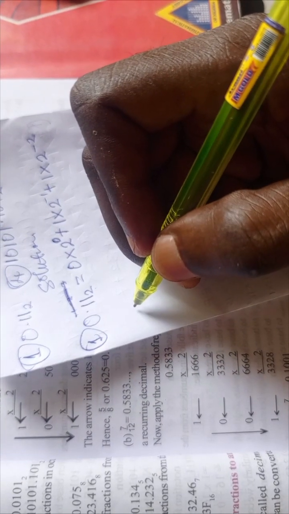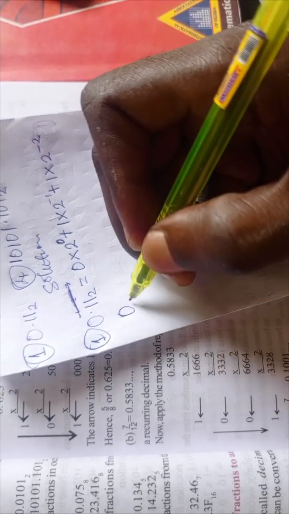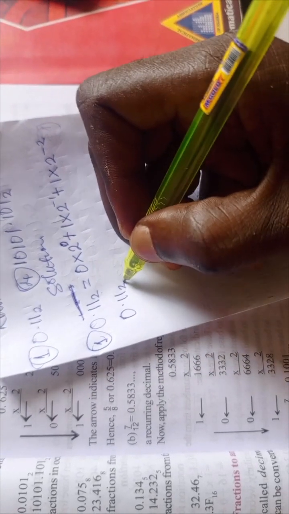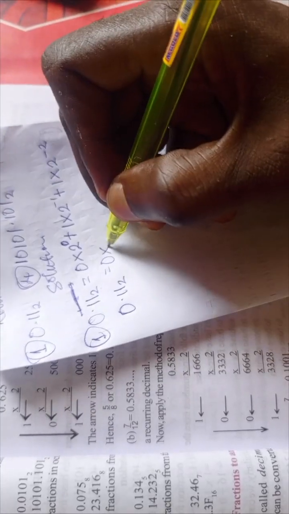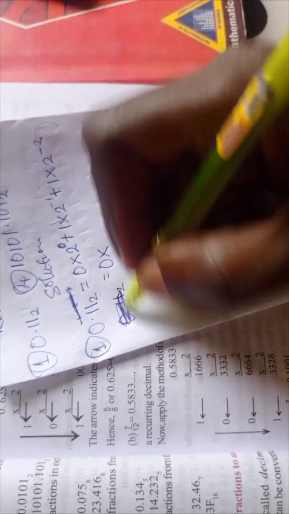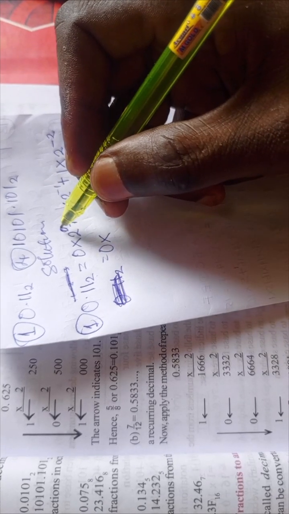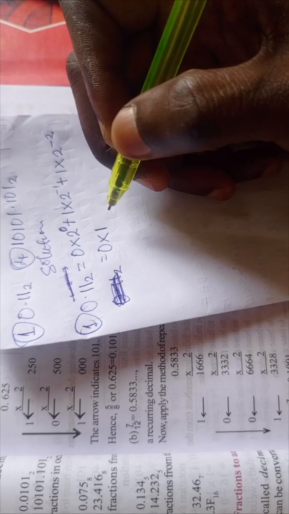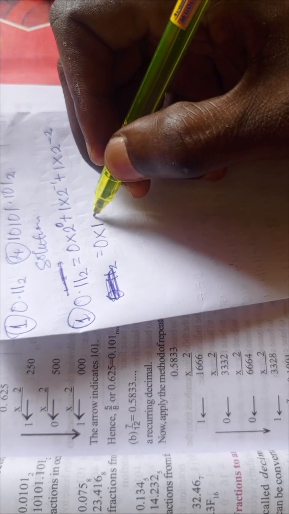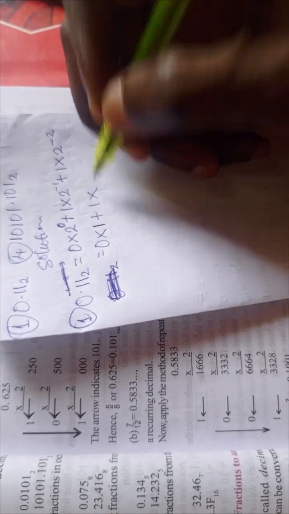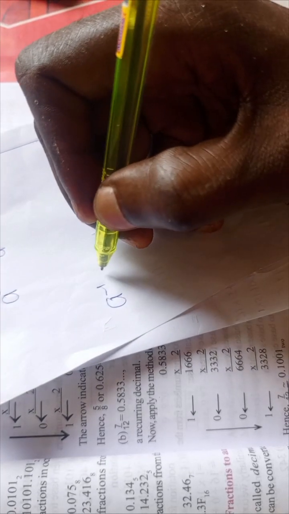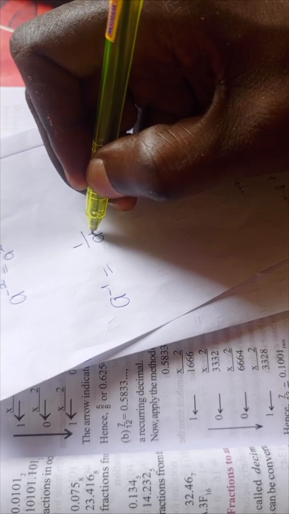So we are going to have 0.11 equal to 0 times 2 to power 0, which is 1. Any number to the power of 0 is equal to 1. So we have plus 1 times, let me explain this here. From the laws of indices, a to power -1 is the same thing as 1 all over a to power 1.